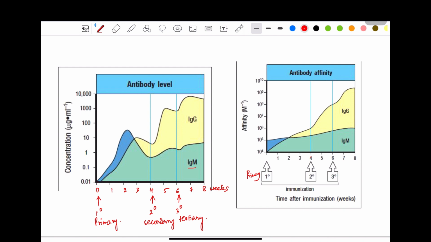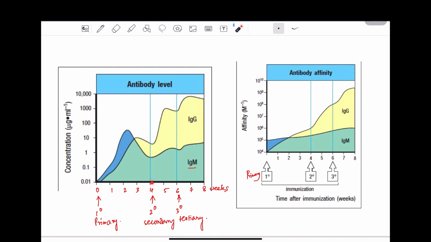Next, after a few days, IgG also starts to be produced. But the IgG level is lower than the IgM level in the primary response. From week 0 to week 4, the primary response is continuing.